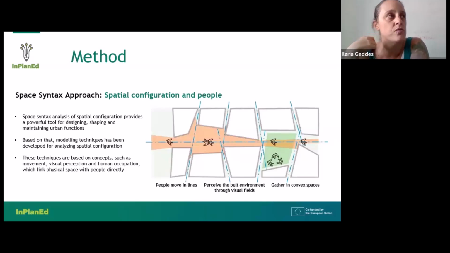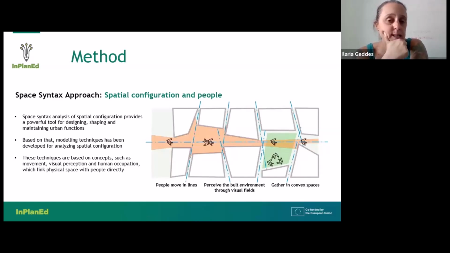Of course, we also move across convex spaces, across squares or across rooms, but it tends to be in spaces which geometrically resemble squares or circles, convex spaces where interaction tends to take place.